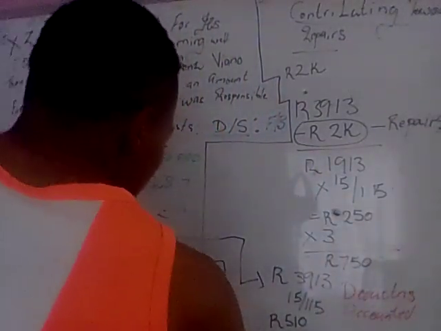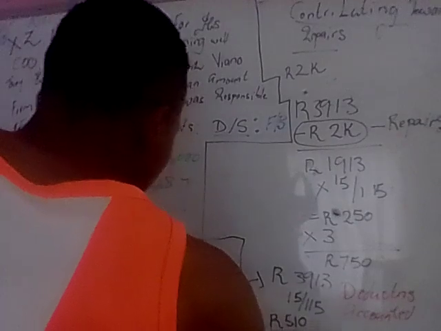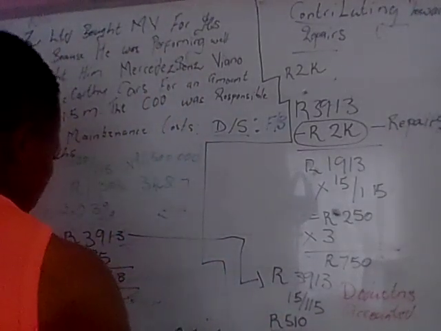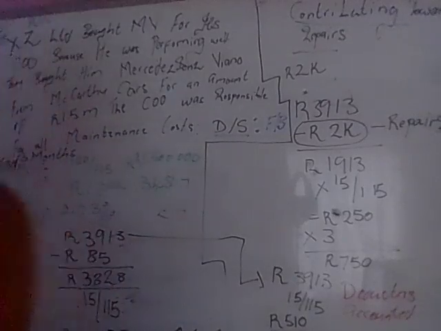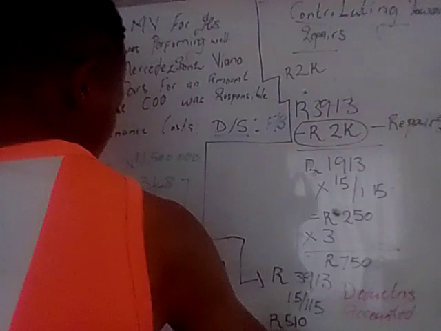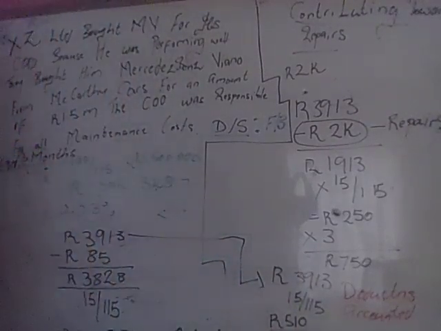But based on this amount of the output, and this is the output here, it basically makes sense. If this amount was higher than this amount, something would have been wrong.